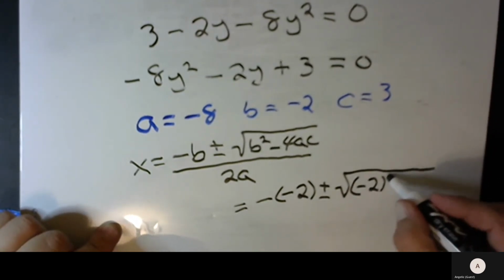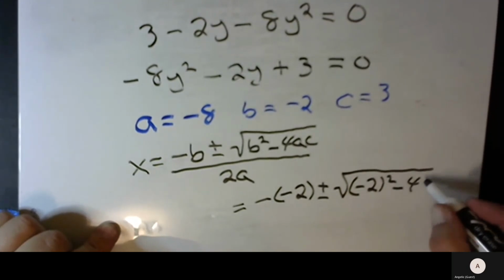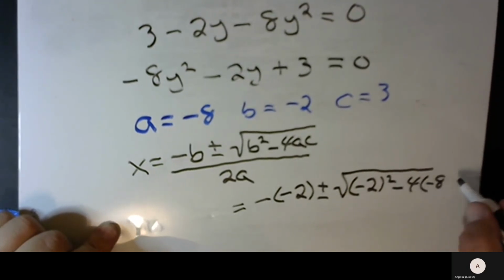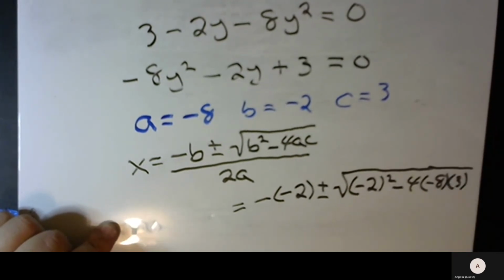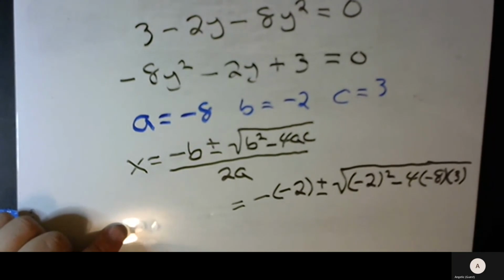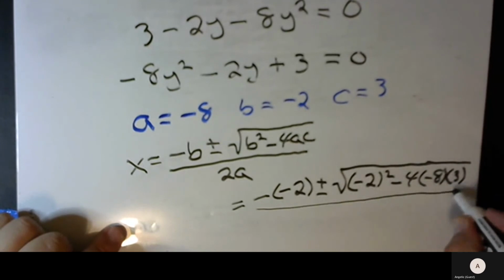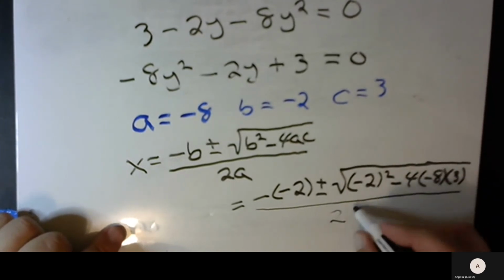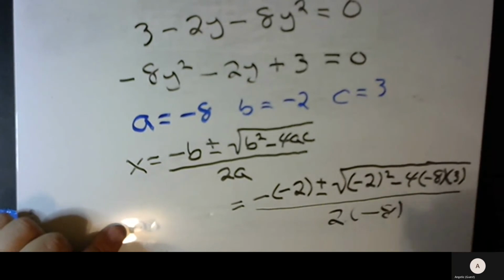So we replace the b's, minus 4 times negative 8 times 3, a negative 8 and a 3 there, a little small 3, all of that divided by 2 times negative 8.